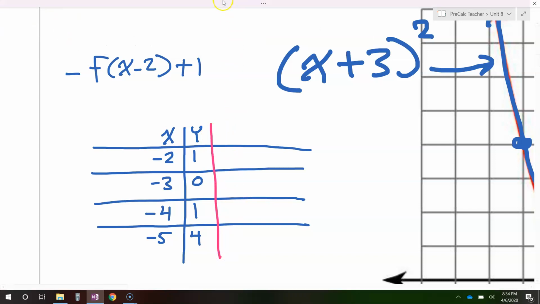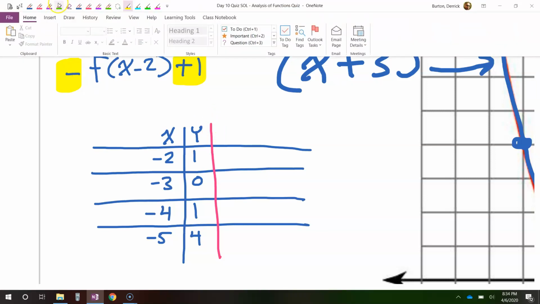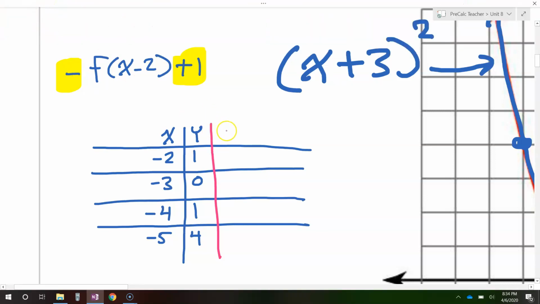How will the y value change? Anything happening outside the function will happen to the y value. So this and this are the things that will affect the y value. So you can find the y value by doing negative y plus 1. I did the negative and the plus 1 to the y.